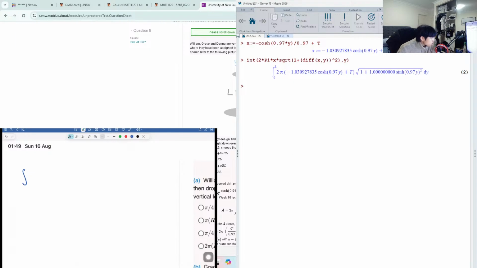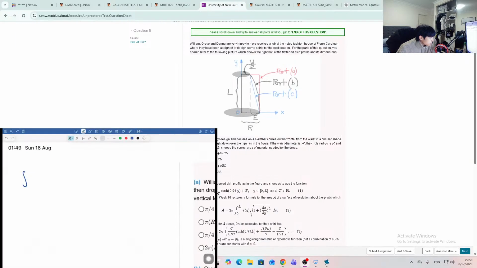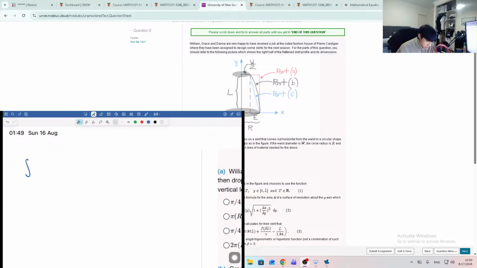2 pi times the integral of 1 minus, we're just going to bring that out, right? 2 pi integral, or now let's keep it inside. We know it's a constant.